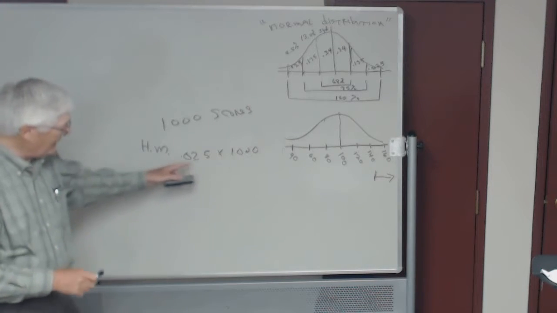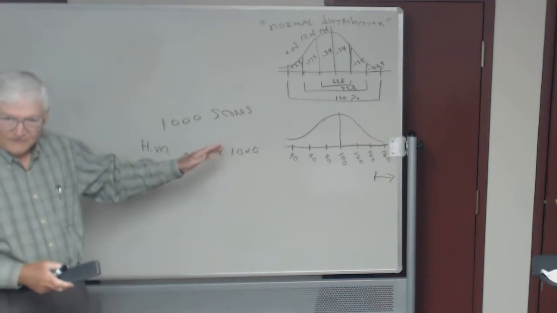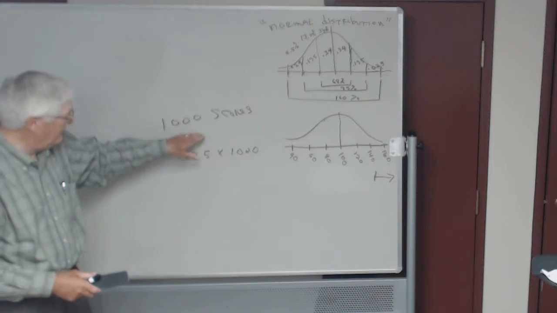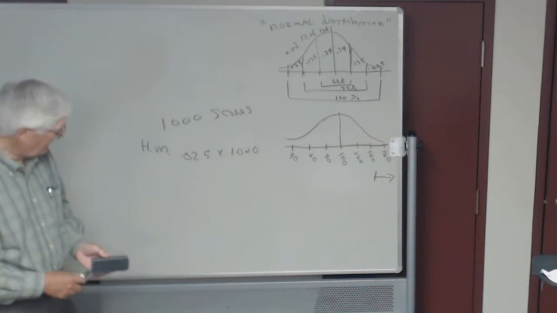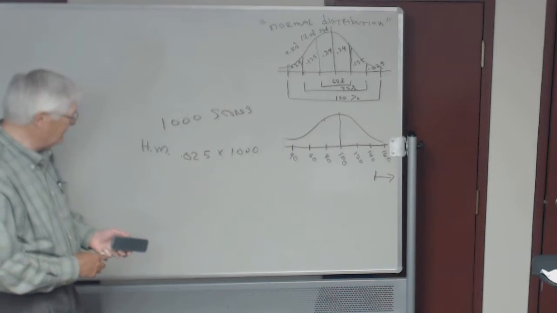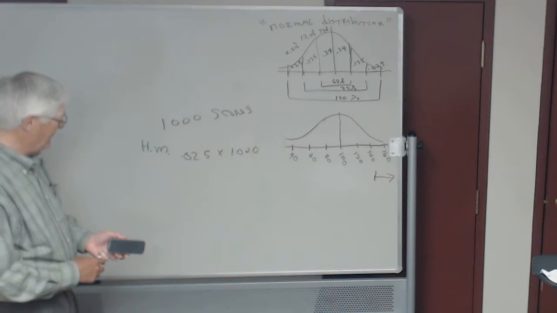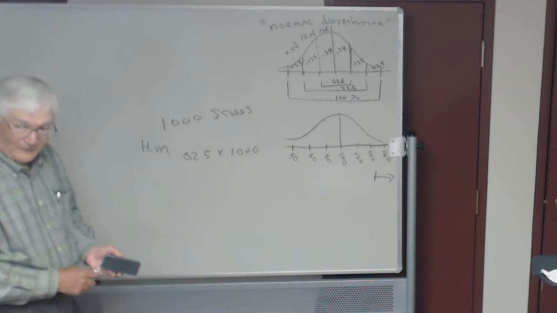See how it's 2.5%, but 2.5% of how many you had to start with. And what's 0.025 times 1,000? 25.